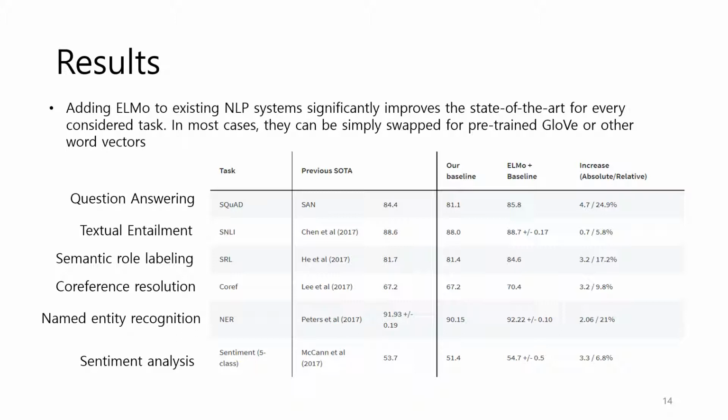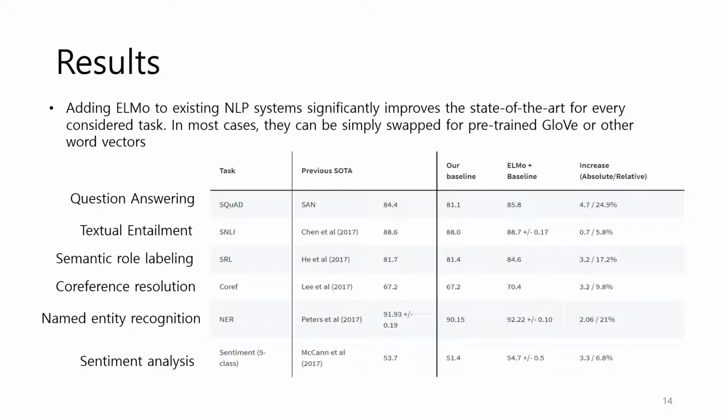As shown in the table, when adding ELMo, the single model test set F1 jumped 3.2% from 81.4% to 84.6%.